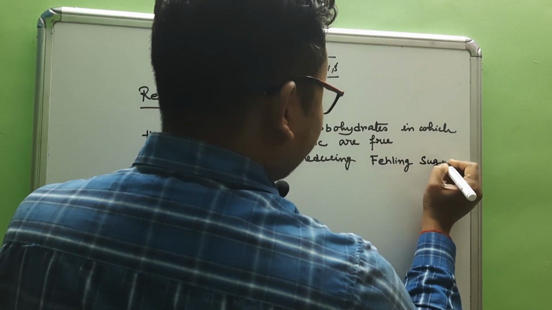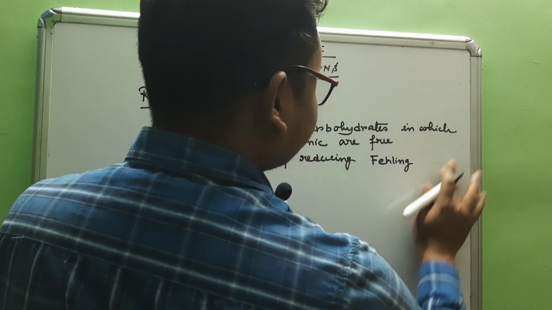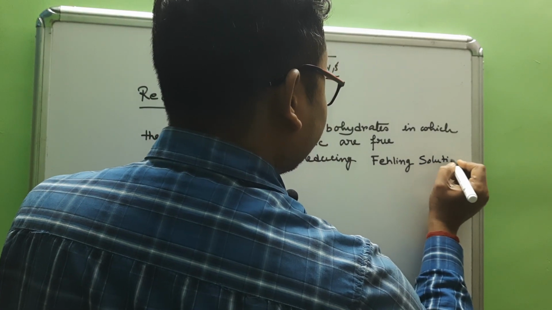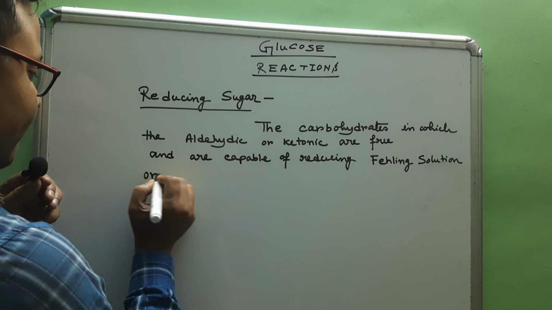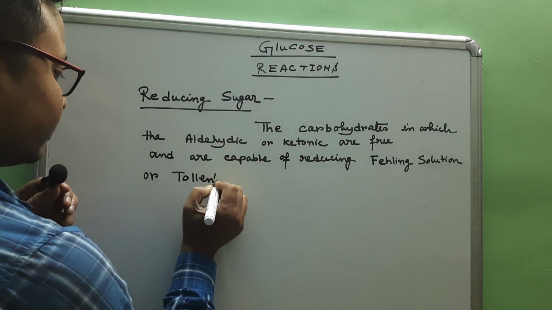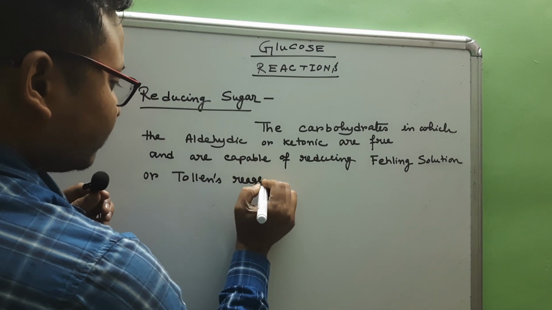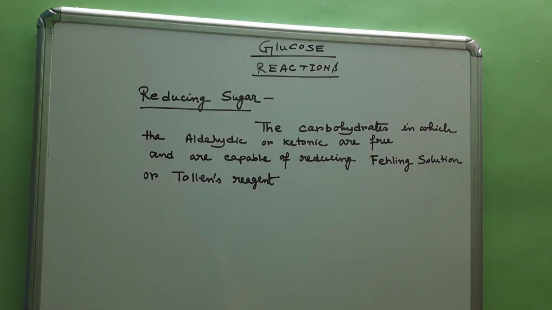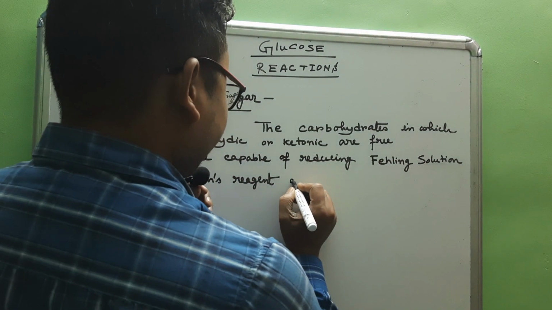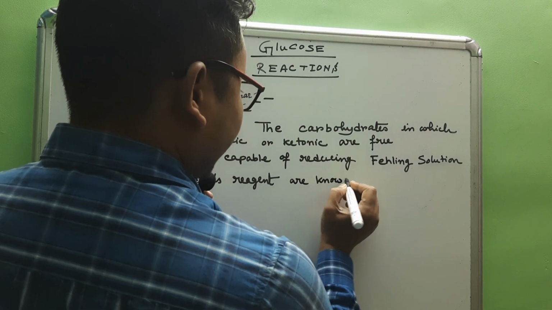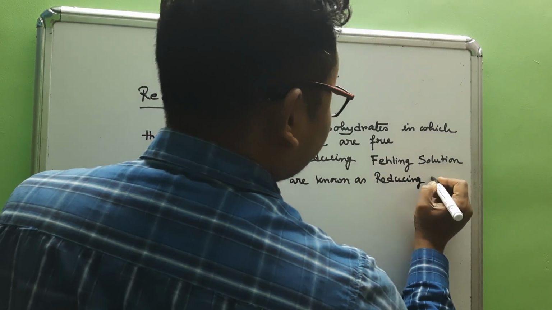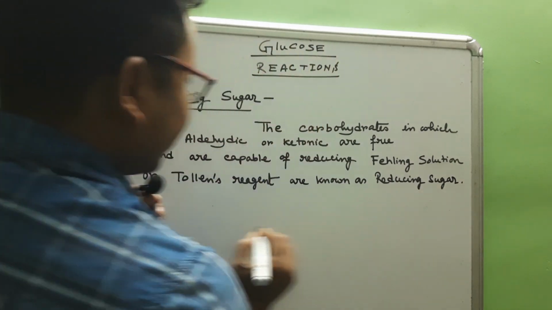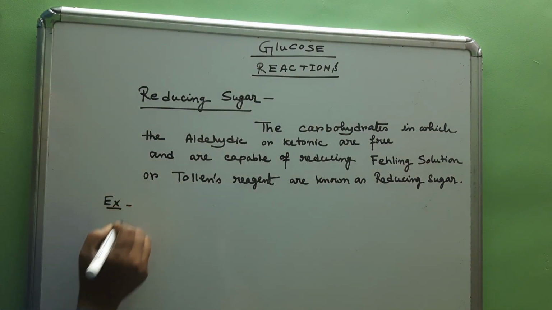Reducing sugar means they are capable of reducing Fehling's solution or Tollens' reagent, ammoniacal silver nitrate. They are known as reducing sugars. Now we are going to discuss the examples.